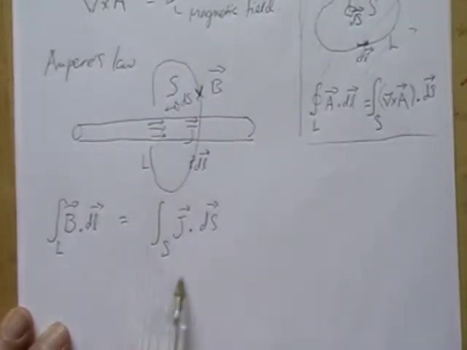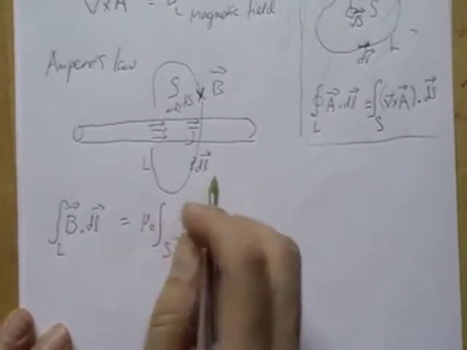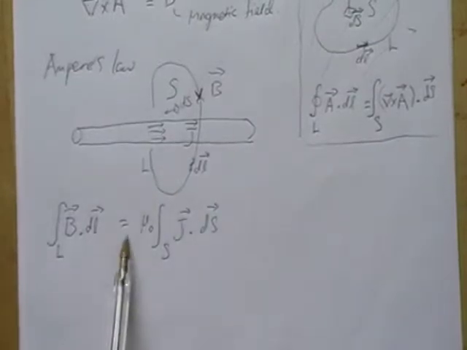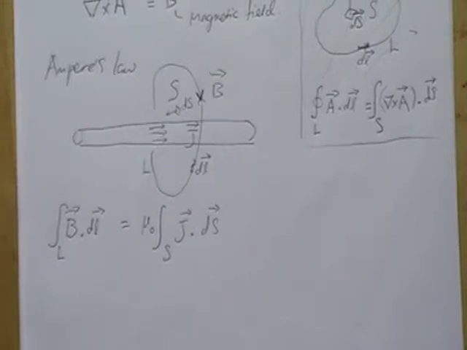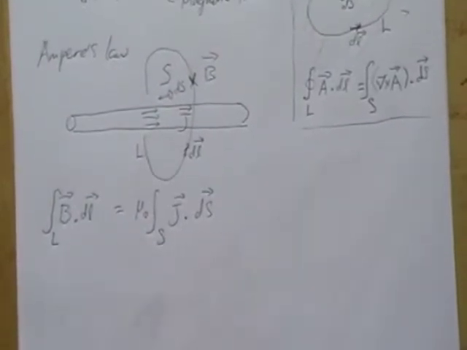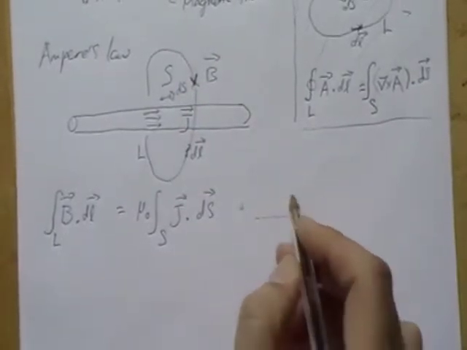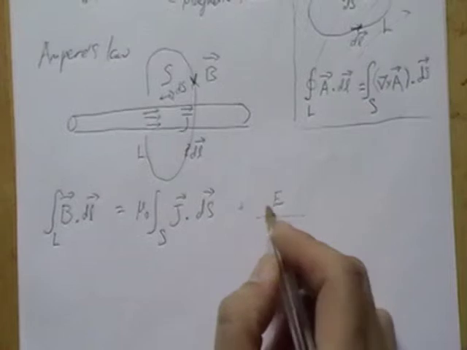So this is basically the total current that goes through the loop, and multiplied by mu naught, the magnetic permeability in free space, the answer should be equal to this integral on the left. That's the statement of Ampere's law. Now, using Stokes theorem, this is also written differently. By the way, there's supposed to be a displacement current term involving a changing electric field.